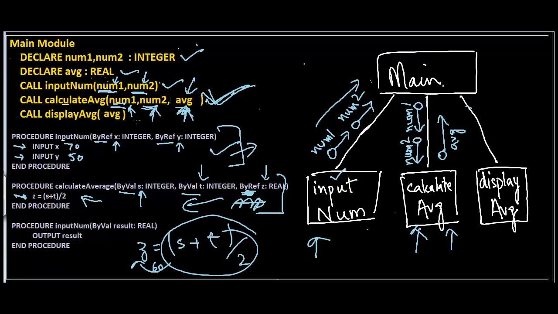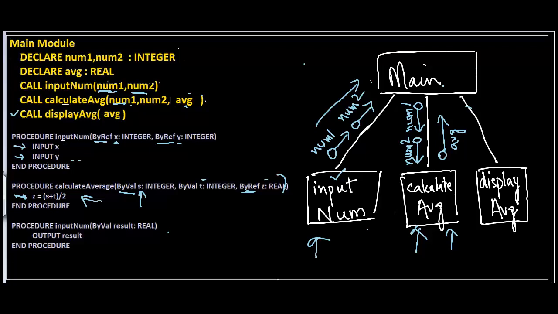Okay. Now the third procedure that is being called is the display AVG procedure. When display AVG is called, there is only one parameter being passed, and that is the AVG parameter. So when the call is being made from the main module to this procedure display AVG, does AVG have any value inside of it?